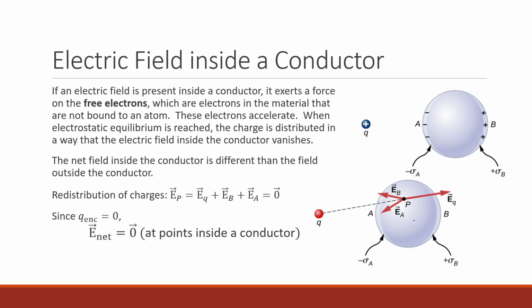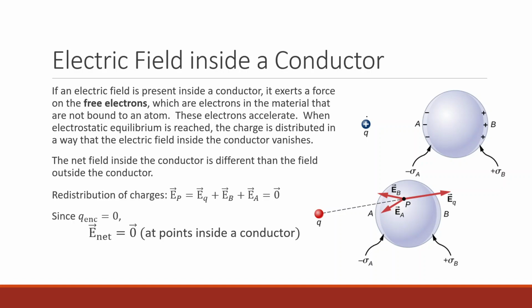All right, we are now in our last section here, looking at the electric field inside a conductor. So remember how conductors can be induced with a charge, or at least the distribution within the conductor. For example, we have this conductor here, and we placed a positive charge close to it.